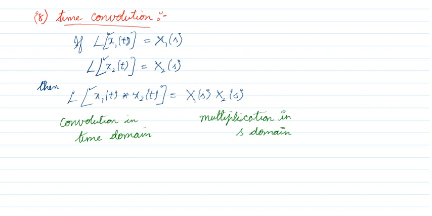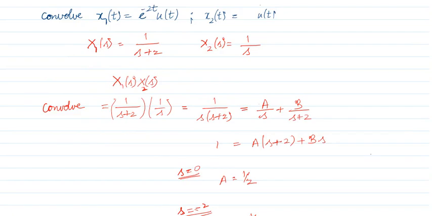For x1 of t, the Laplace transform is x1 of s. For x2 of t, the corresponding Laplace transform is x2 of s. You multiply those two, and it becomes multiplication in the s domain. Once you multiply, you can take the inverse Laplace transform, and thereby you can do time convolution also. This is a simple, very important property: convolution in the time domain becomes multiplication in the s domain.